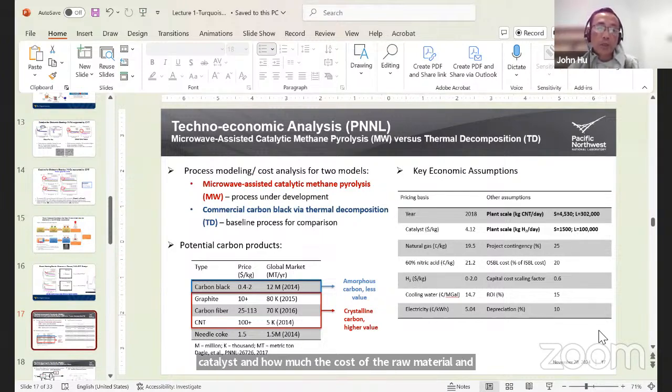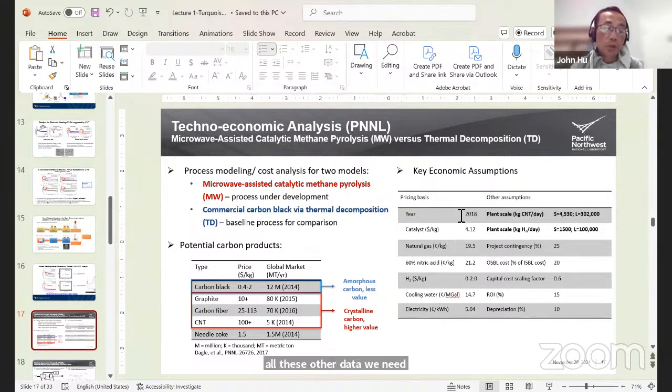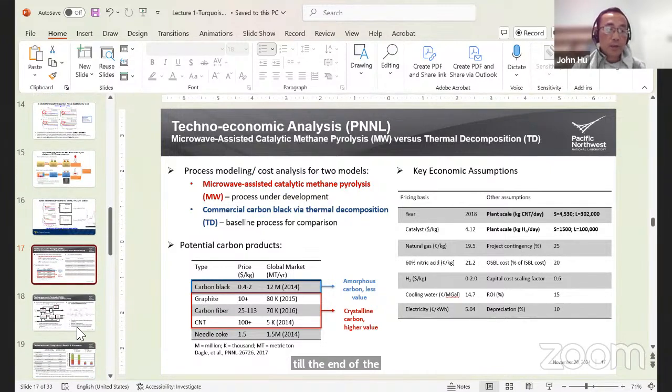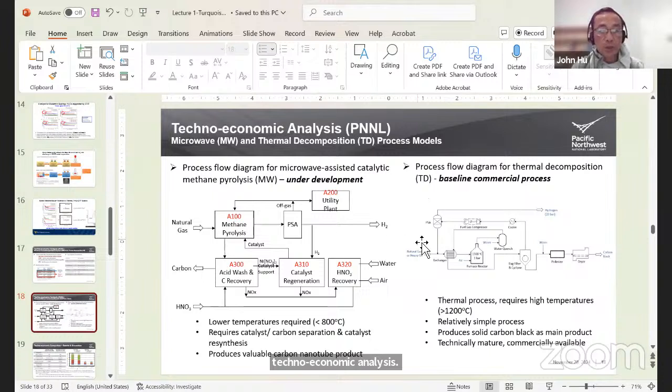All these are the data we need to factor into the process simulation, and then end with the techno-economic analysis. When you do the techno-economic analysis, you need a process simulation.